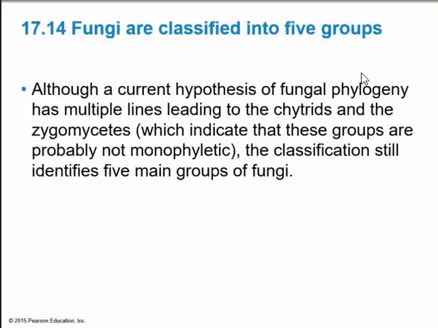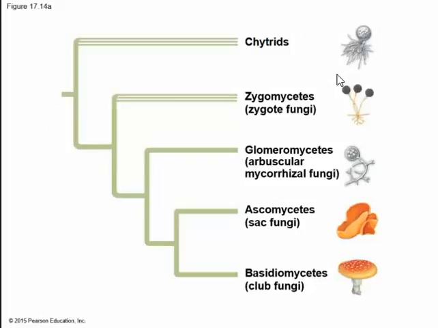All right, the classification of fungi, I'm just going to say this, it's up in the air. Basically, your textbook recognizes 5 main groups: the chytrids, zygomycetes (black bread mold), the mycorrhizal fungi, the ascomycetes, and the basidiomycetes.